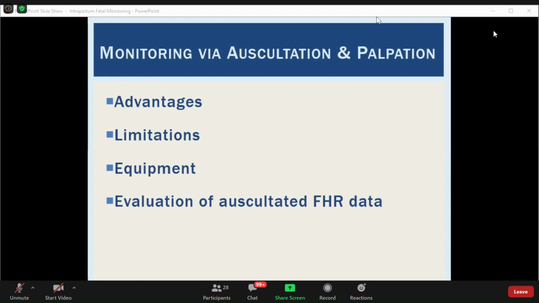If we are doing this manually, we are using auscultation and palpation. We would have to use a fetoscope to listen to the fetal heart rate. And then we would have to palpate the contractions to determine the intensity.